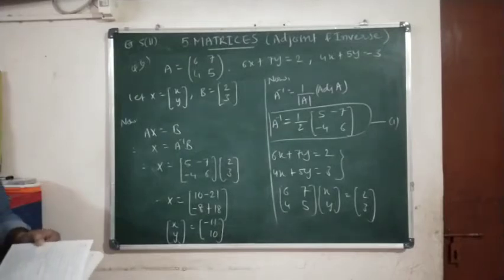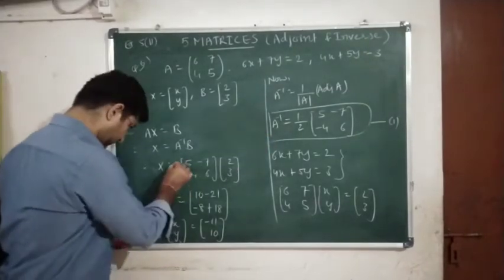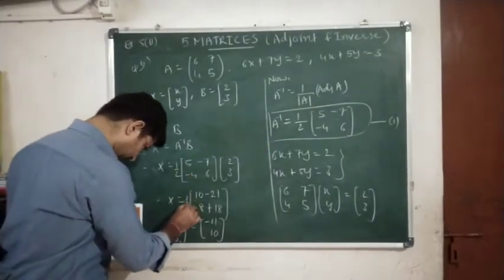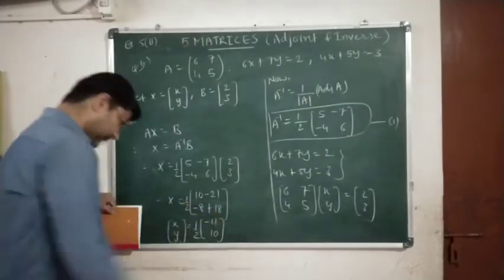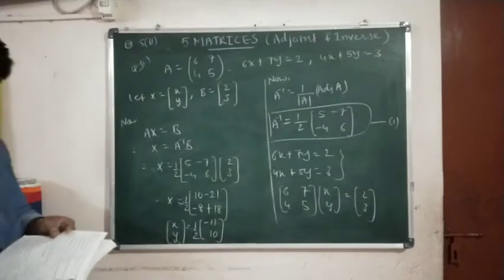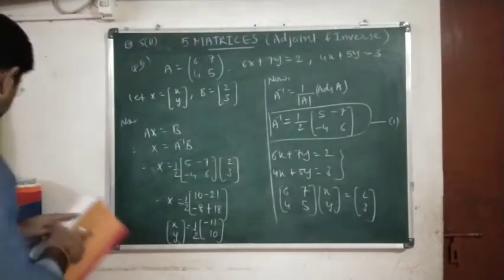A inverse has 1 by 2 given outside the matrix. Yes or no? So we forgot to write it down, no problem. Let us put it outside: 1 by 2. So minus 11 by 2 and 5, which is the correct answer.